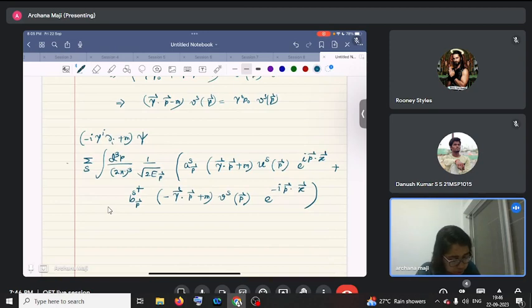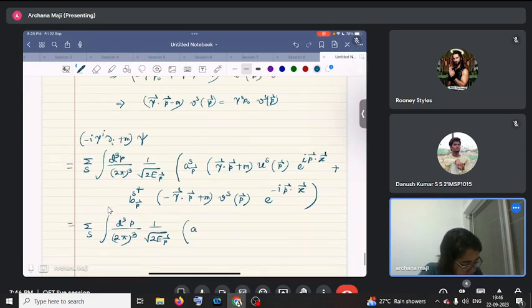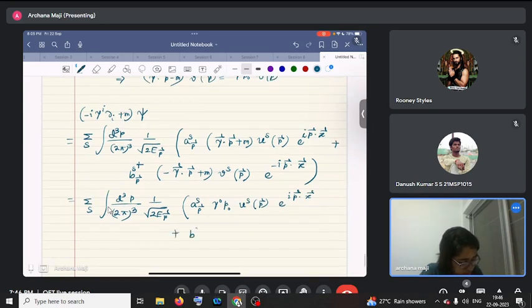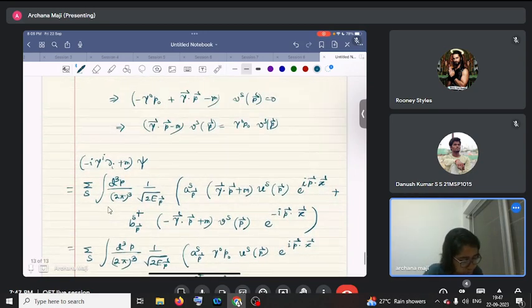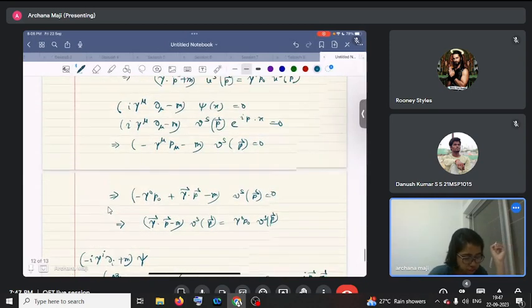This is equal to summation over s, d3p over 2 pi cubed, 1 over square root 2 Ep, this is gamma 0 p0 u exponential of i p dot x plus gamma 0 p0, sorry, is everything fine here?